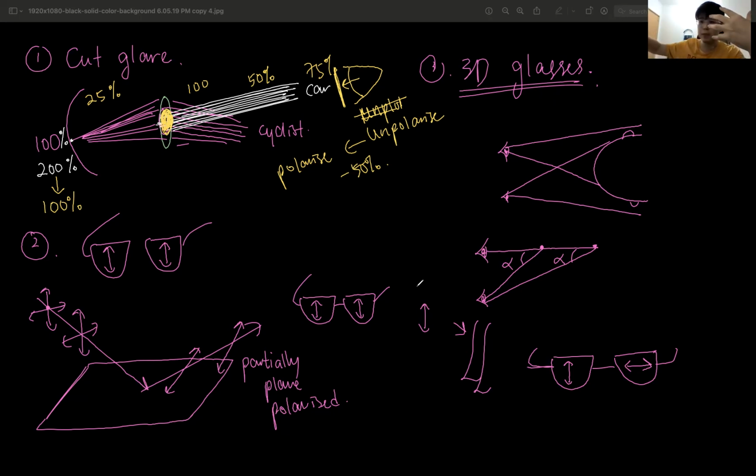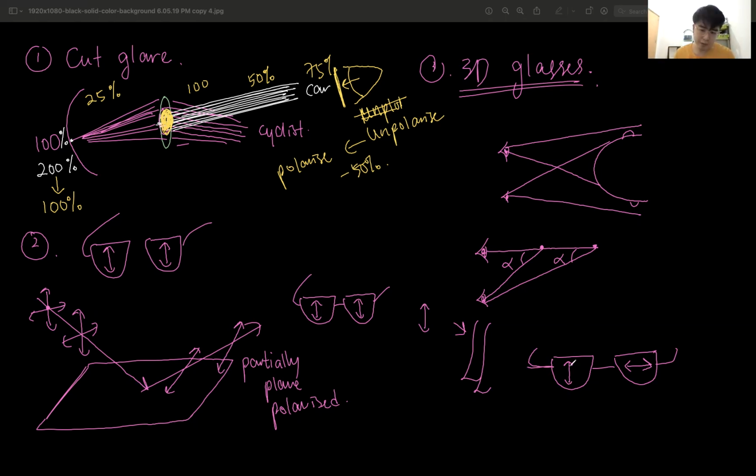The second camera, the second image, they project with horizontal polarized light. Both are polarized, one vertical, one horizontal. And then your glasses are one vertical, one horizontal, because you want to see only the picture meant for that eye. One eye sees one image, and the other eye cannot see the image meant for the first eye. That makes sense.